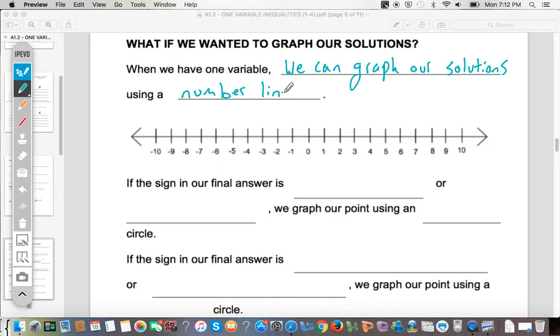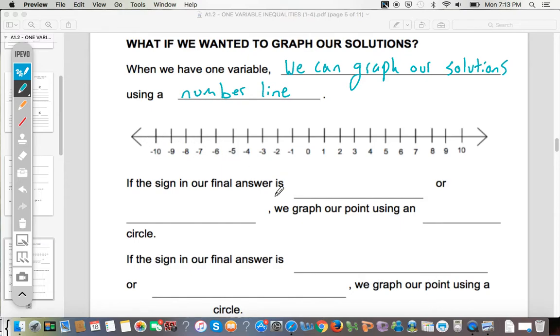Okay. So whenever we see work, or we have practice, or formative assessments, summative assessments, the number line down below isn't optional. Okay? That's half the solution. So by using the number line, we're proving that we know that our variable isn't equal to a single number, it's equal to multiple numbers.